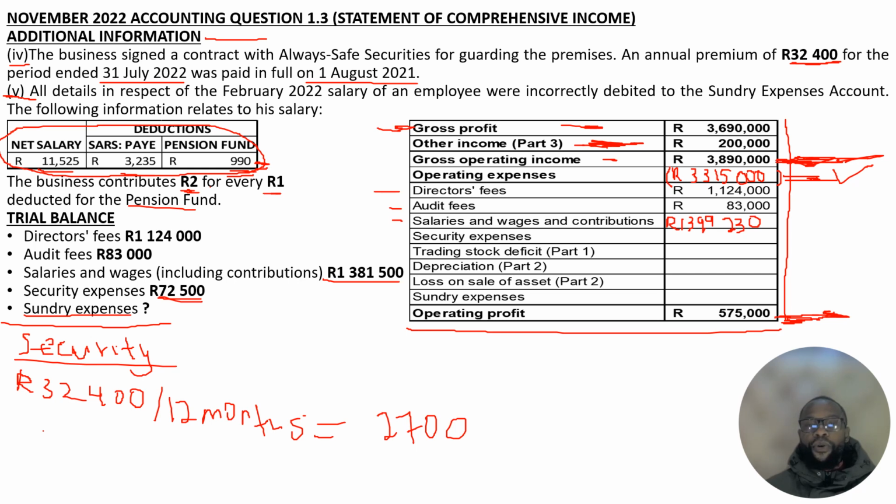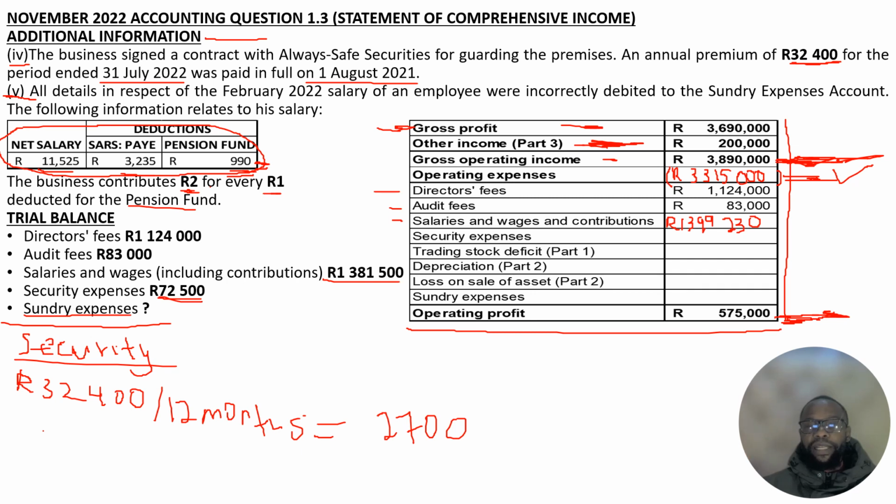So what is the amount that we don't want? We say our accounting period ends on February 2022. So anything beyond February, we should take it out. March, April, May, June, July, which means it's 5 months.